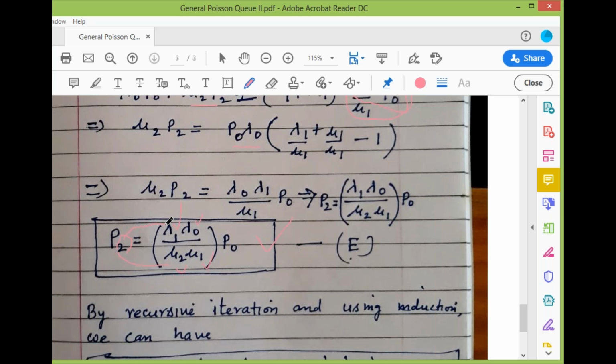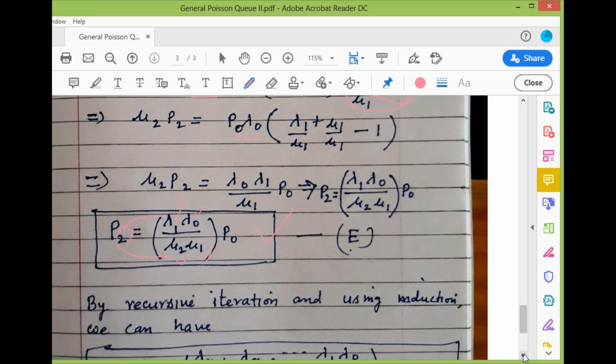This is also rhythmic, and this mu2 and mu1 is also rhythmic, and lambda1, lambda0 is also rhythmic. And this is a similar quantity, coming as it is in each value. So now this is enough.